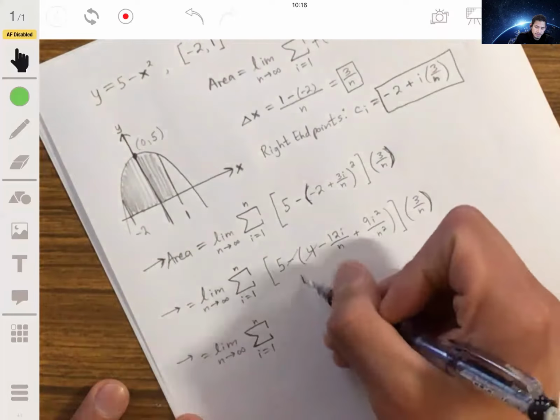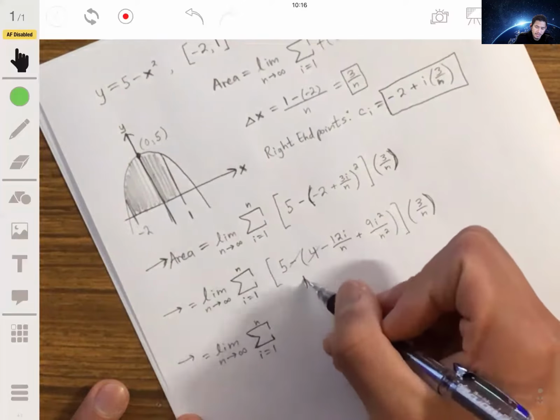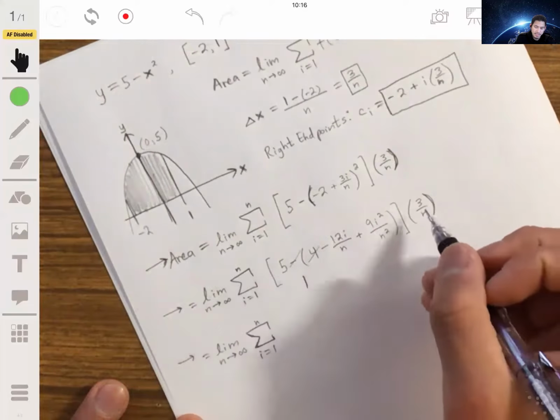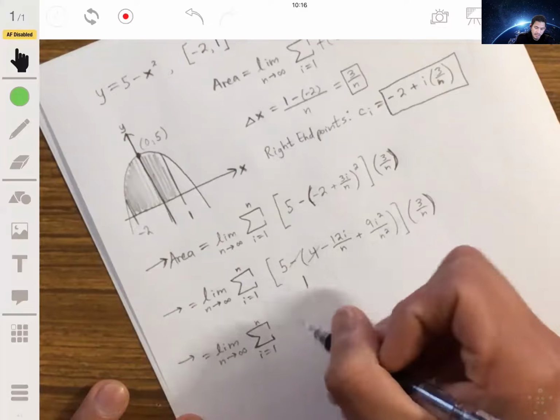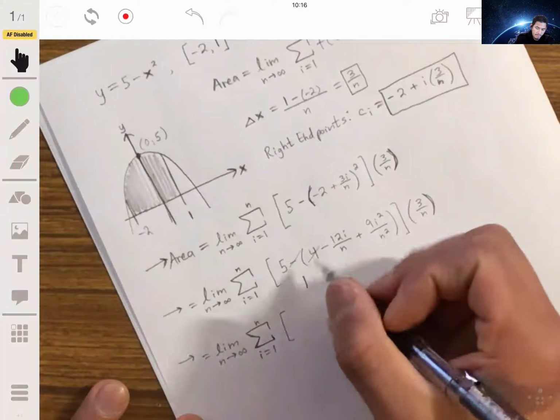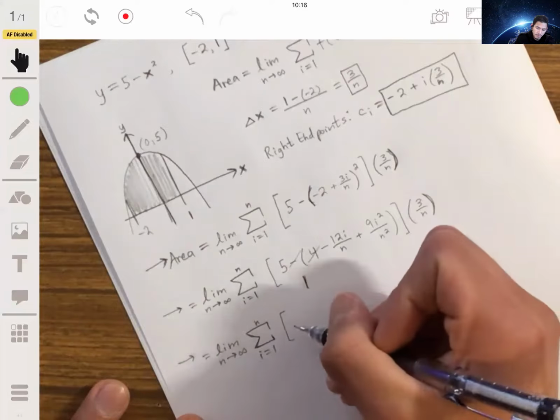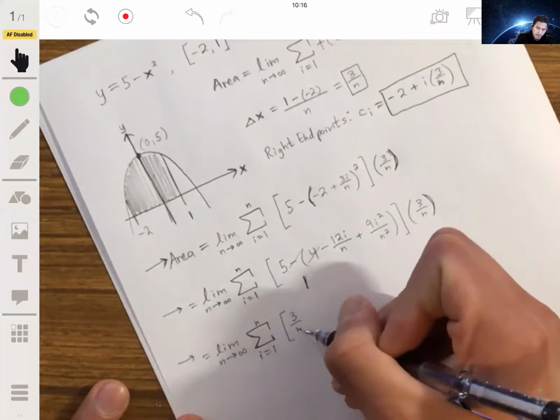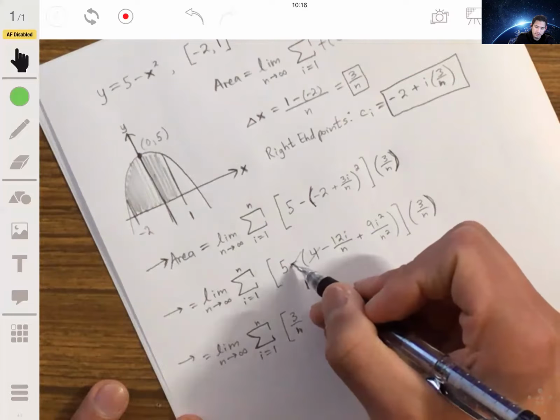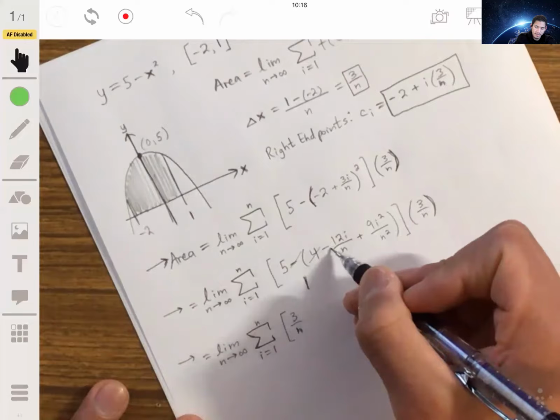So then we're basically going to have 1 times 3 over n, so 3 over n. And remember, we're doing minus that.